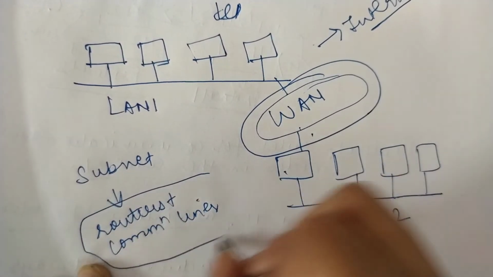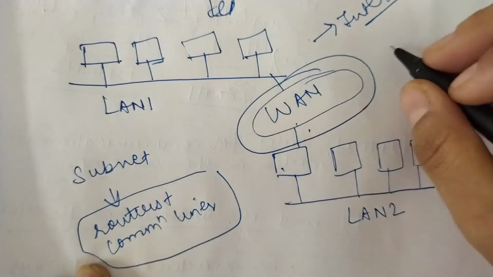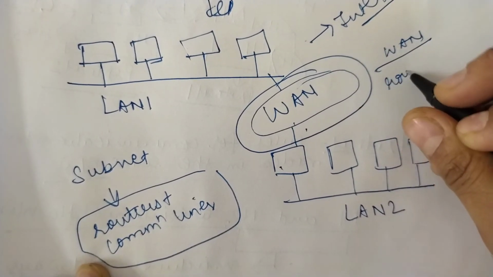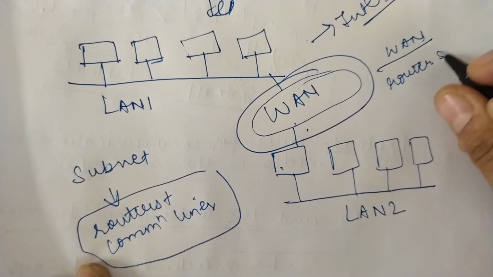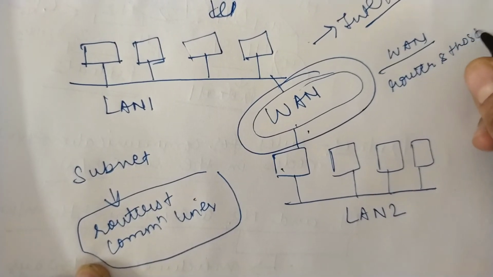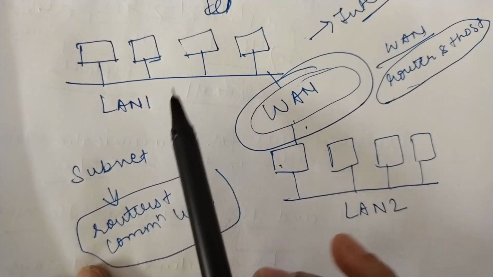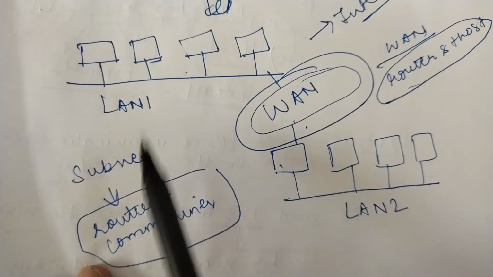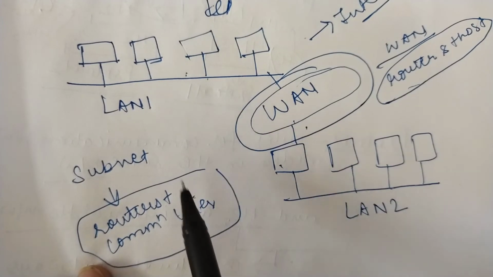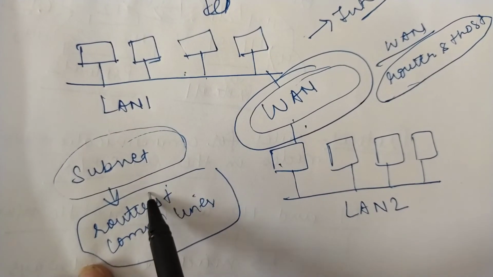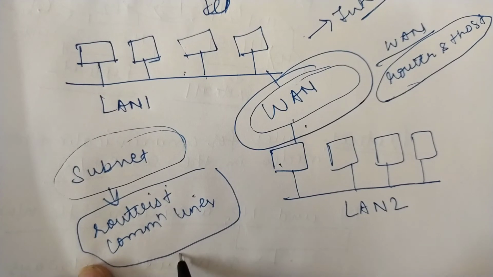But a WAN will consist of routers and hosts also, right? So in case of a LAN, you have various communication lines connected through a subnet, which has routers and communication lines.